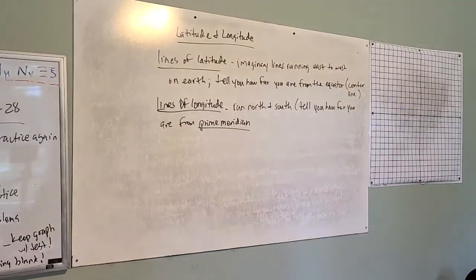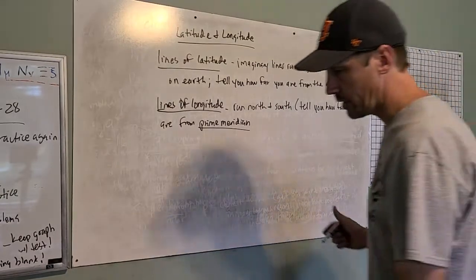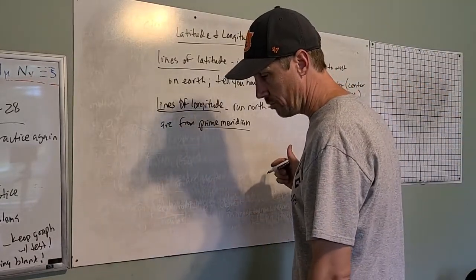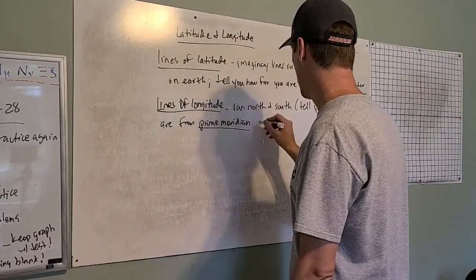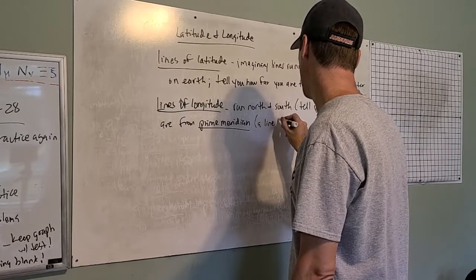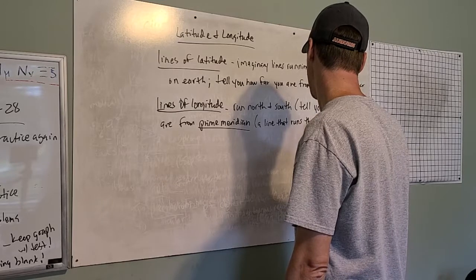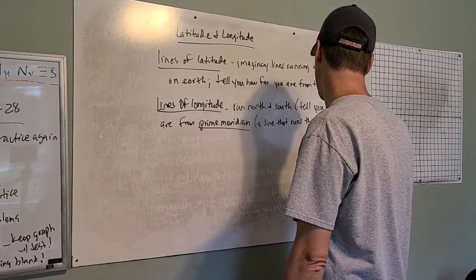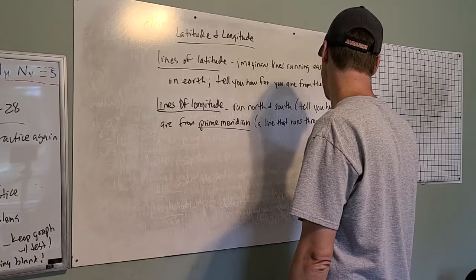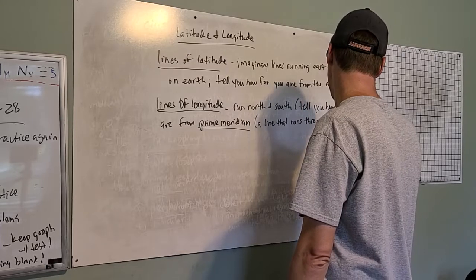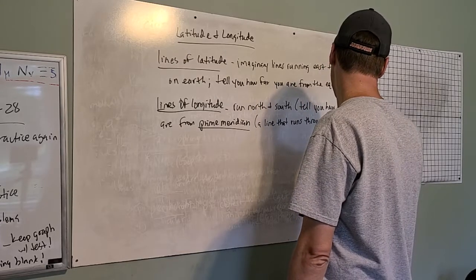And that's what the prime meridian is, and it actually runs through Greenwich, is how you pronounce it, although it looks like Greenwich, England.